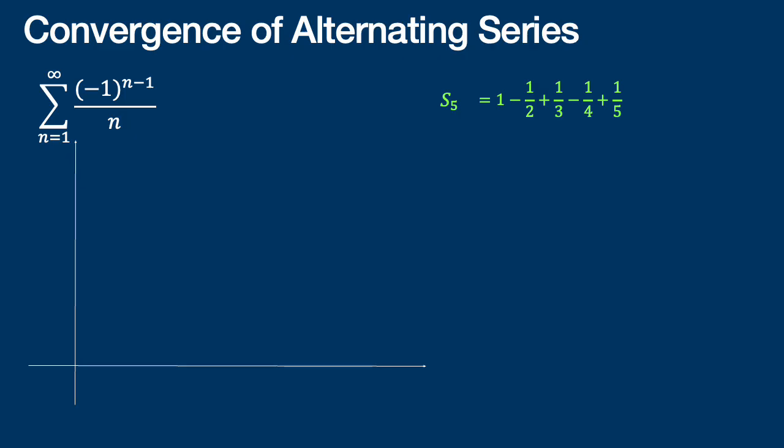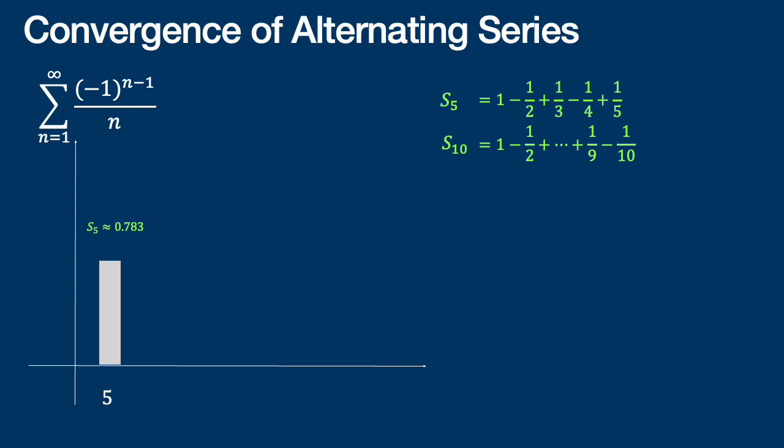What is this sum? This sum is S5. Five terms you add. That sum is approximately 0.783. I sketch the bar. Now, for the second partial sum, I picked S10. S10 means I add the sequence from the first to the 10th term.